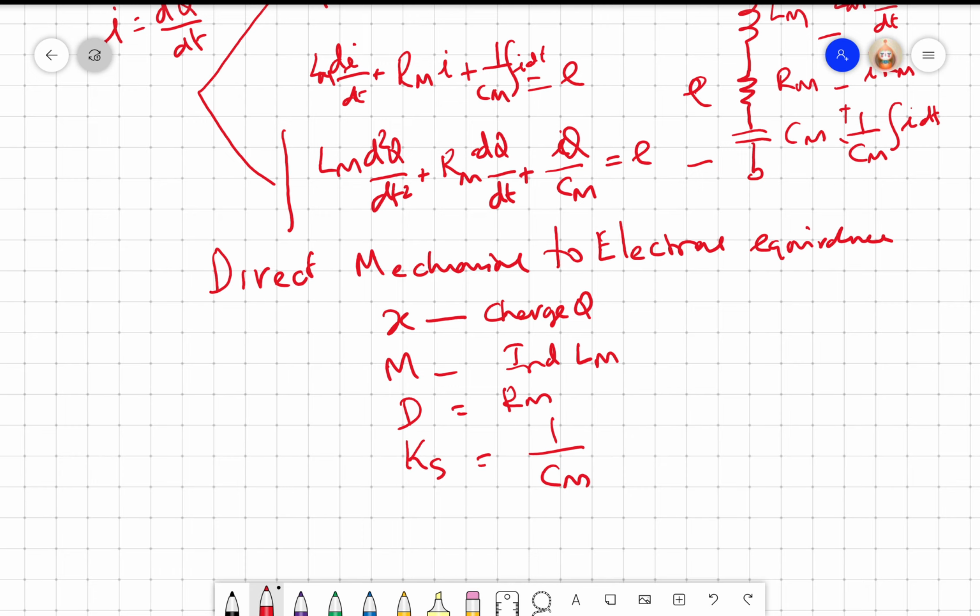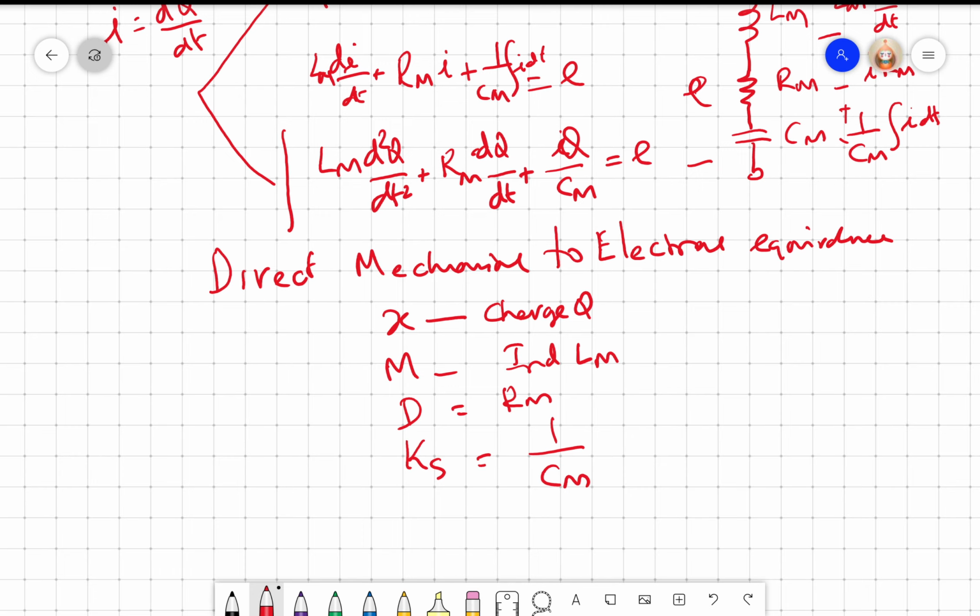I don't have to worry about my mechanical side. I can analyze the transducer as though it is a completely electrical circuit. This will become much clearer when we actually learn about transducers and how we are going to model each transducer to understand how it will behave for different kinds of inputs.